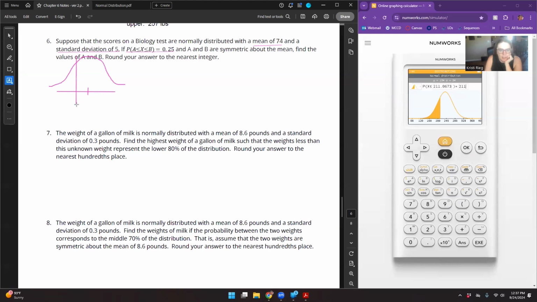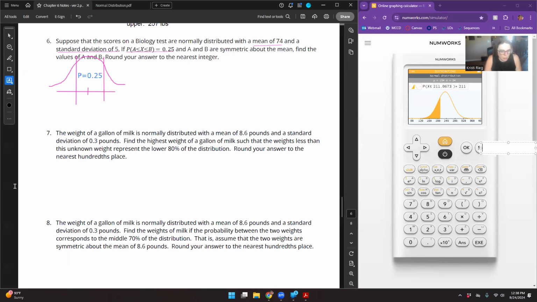I have this mystery number, this mystery number, but I know this middle part is the area or the probability is 0.25, because that's what it told us up here. So area, well, I shouldn't use A because they use a capital A here. I'll just say the probability is 0.25.